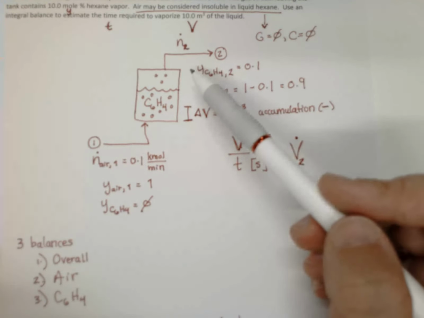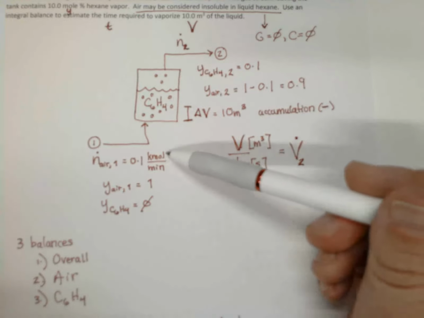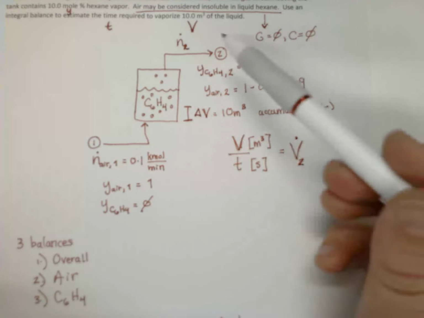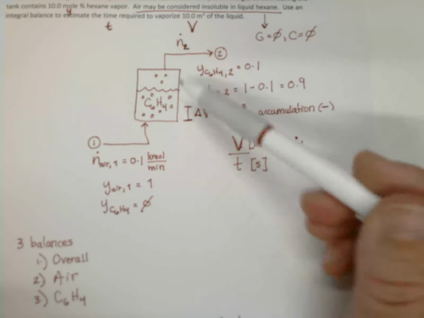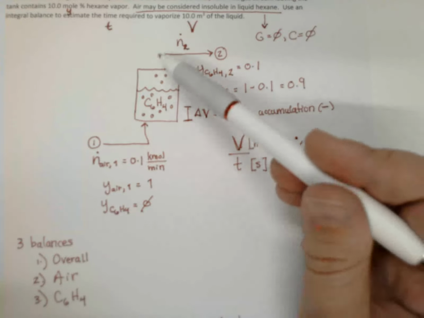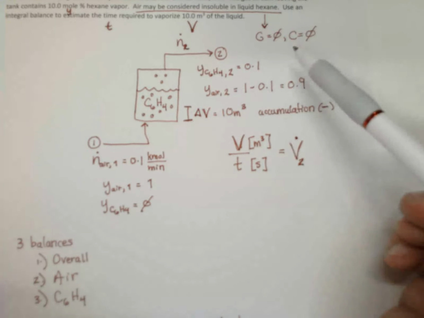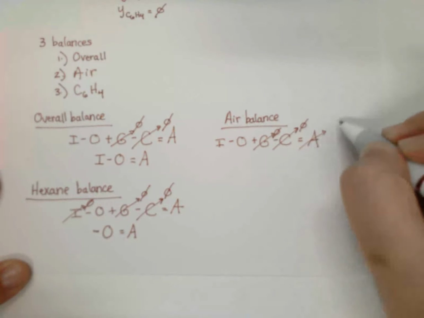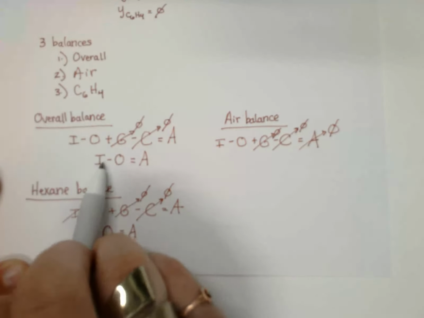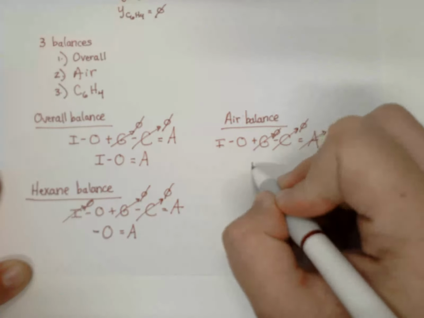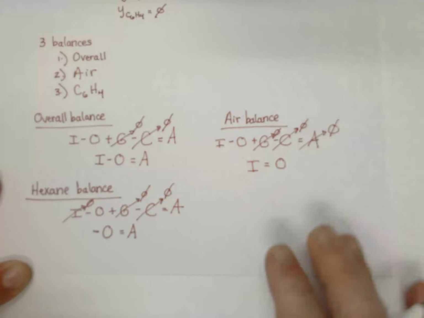It's hard to tell from this system, but you're always feeding at the same rate and there's always a certain amount coming out. There's no air that accumulates in this system, it comes right back out. So the amount of air that's going in should theoretically be related to the amount of air that's going out. As a result, air is actually in steady state, but the overall system is not. So in this case, for air, we would say that the input equals the output.